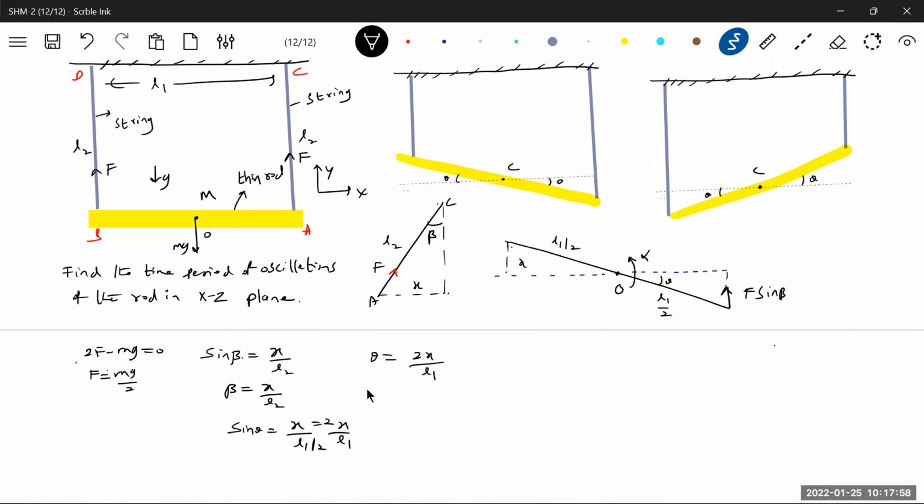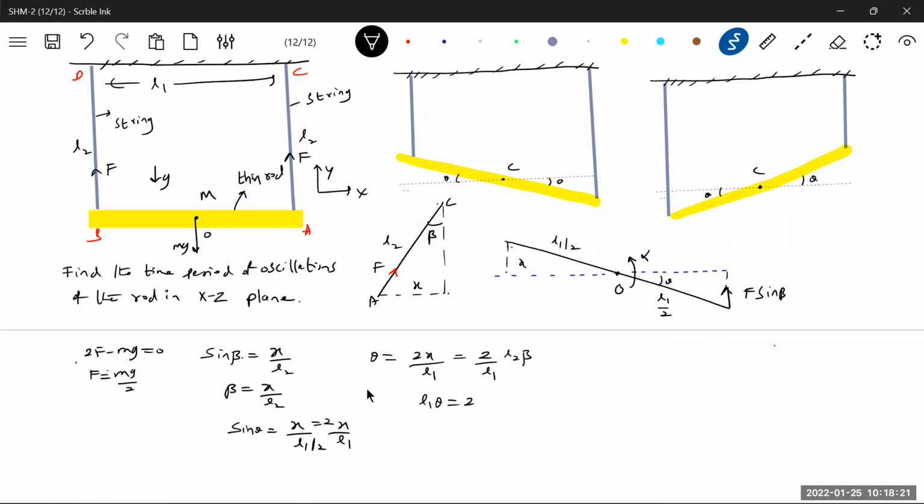Now we'll get the relationship. X equals L2 beta, so this becomes 2 L2 beta by L1.